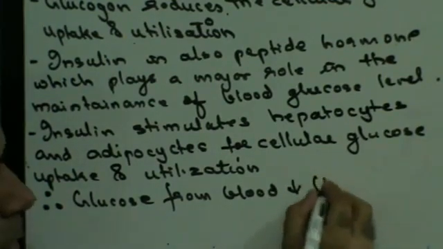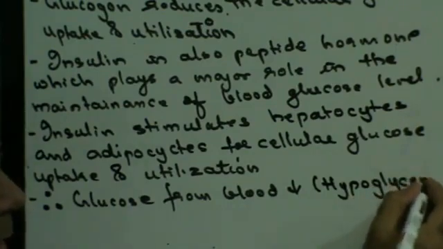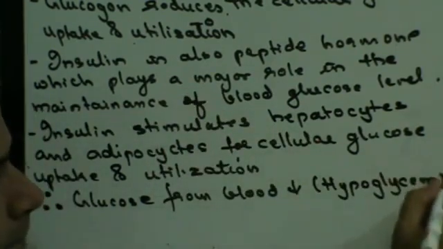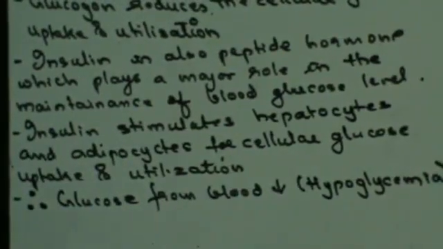That will lead to hypoglycemia. So glucagon is hyperglycemic, whereas insulin is hypoglycemic.